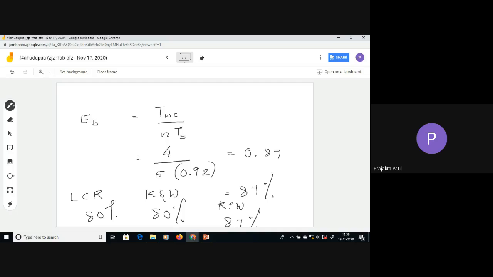So you can see how this rank position method can be giving you better results as compared to LCR or the Kilbridge and Wester method. Out of all the three methods, depending upon the problem statement that you have, you can actually implement all the three methods and check out which is giving you the best results or which is giving you the maximum line efficiency.